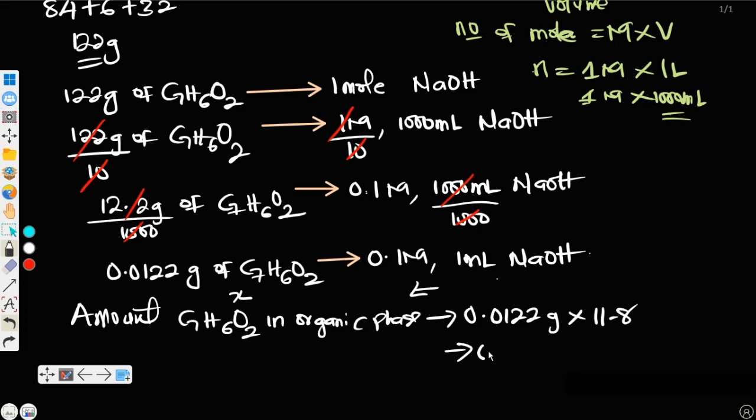That will give us 0.1439 gram. Please take note of it.